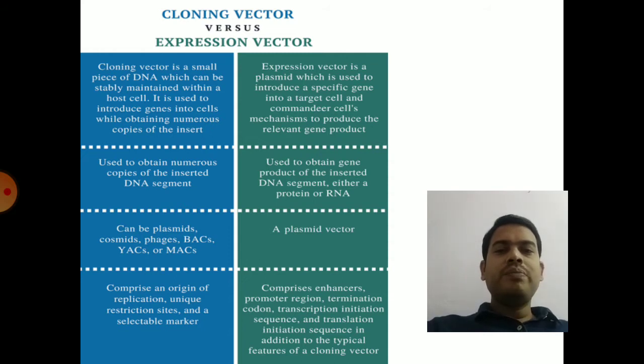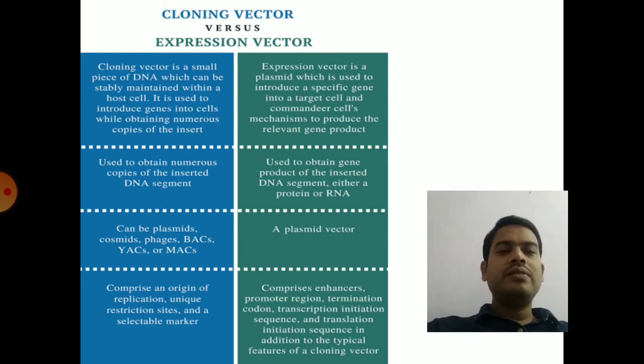A cloning vector is a small piece of DNA which can be stably maintained within the host cell. It is introduced into cells, obtaining numerous copies of the insert. So you can obtain multiple copies of your foreign DNA with the help of cloning vectors. Whereas an expression vector is used to obtain the gene product of the inserted DNA segment, either a protein or RNA. So you can obtain mRNA, and from mRNA you can obtain protein.